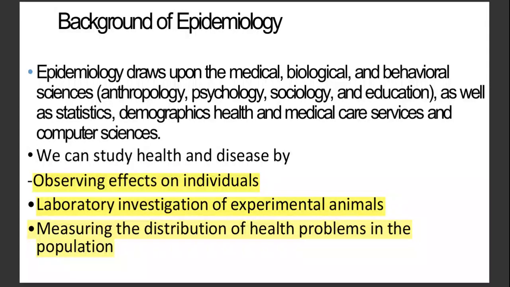What is the background of epidemiology? So epidemiology is going to draw upon the medical, biological, and behavioral sciences. In other words, in epidemiology, you want to understand arthropods. An arthropod is a vector. These are insects or anything that is going to carry a microorganism that is going to cause disease.